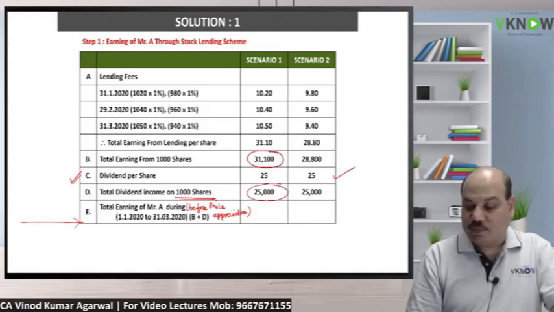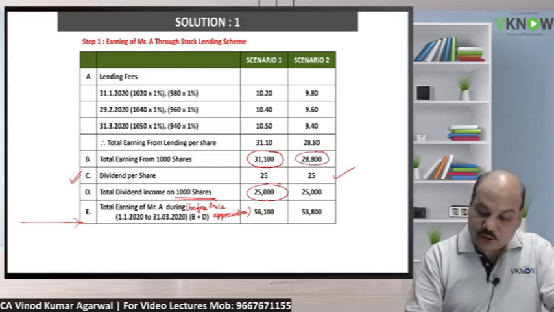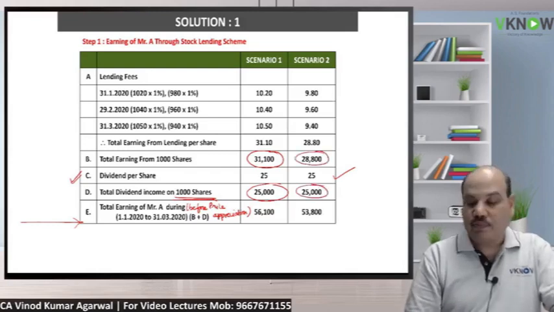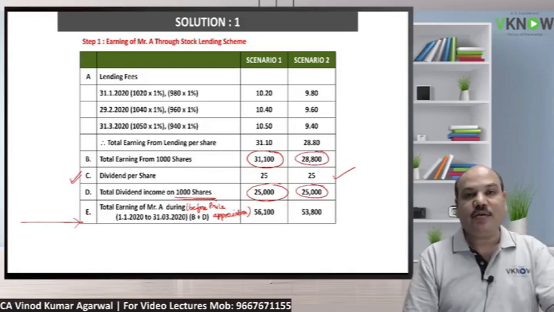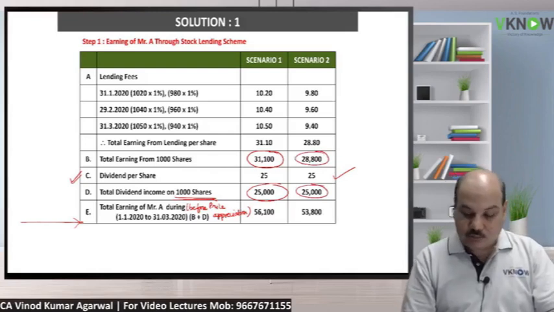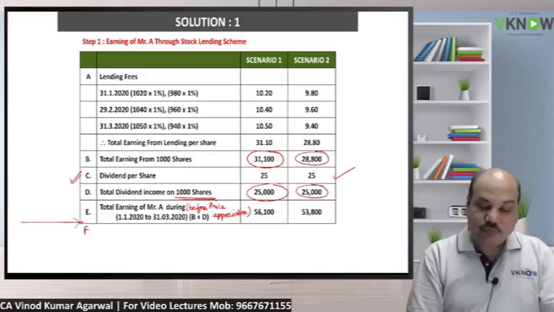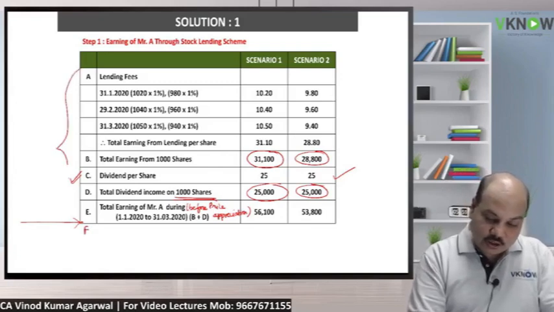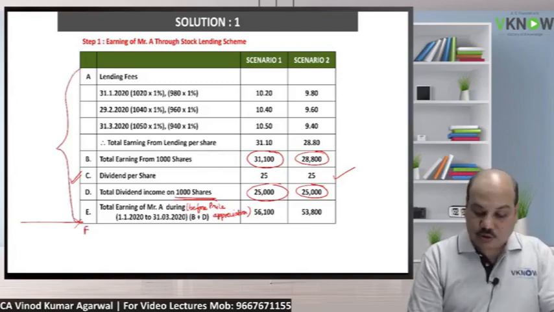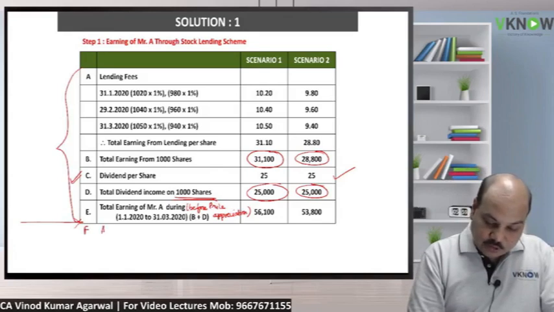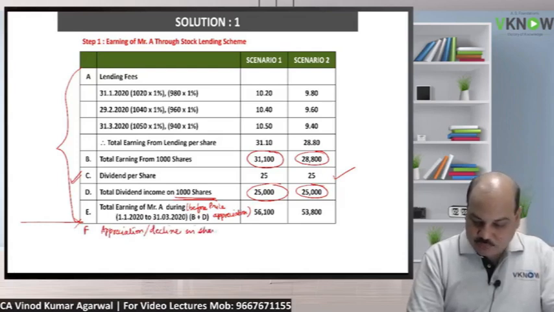31,100 is stock lending fees, 25,000 is dividend, 56,100. 28,800 plus 25,000 is 53,800. But you also add one more thing. This is ICAI answer, but then we have to also add appreciation or decline in share price, this will give you accurate answer.